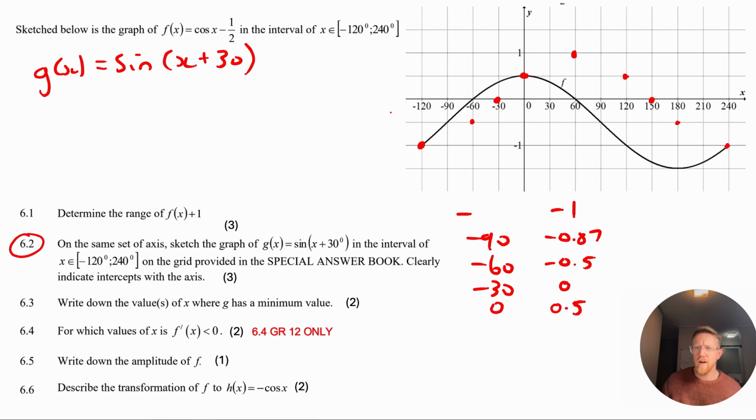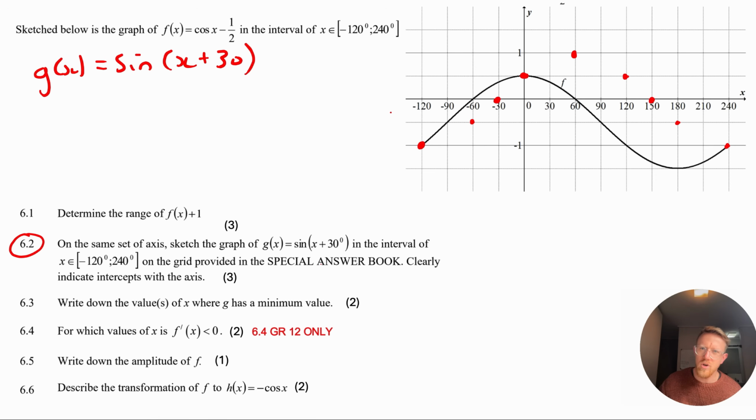Okay, so that's what I got. Anything that was like a negative 0.87 or whatever, I just left that out because I know that if I connect the dots, I'll go through those points anyways. Something like that and something like that. Okay, I think I can do that a little bit better.